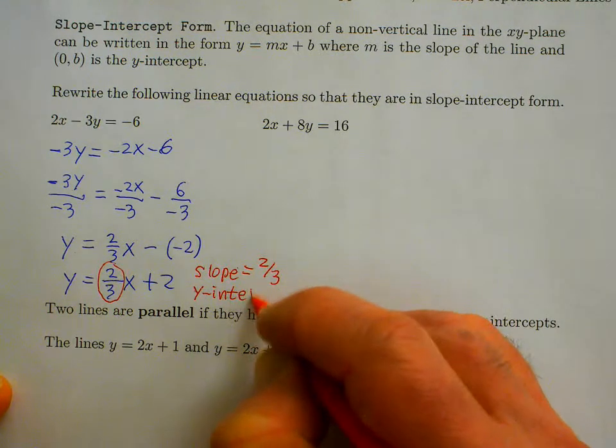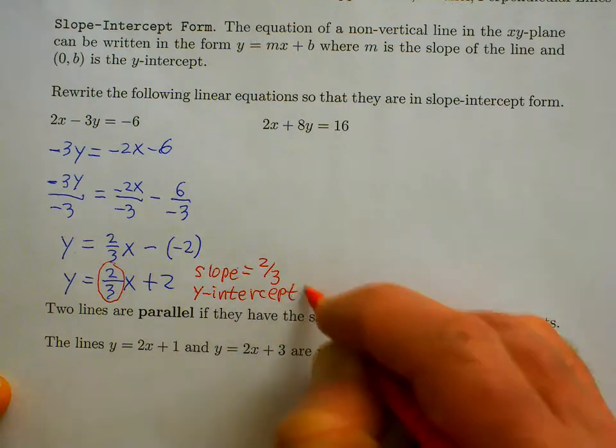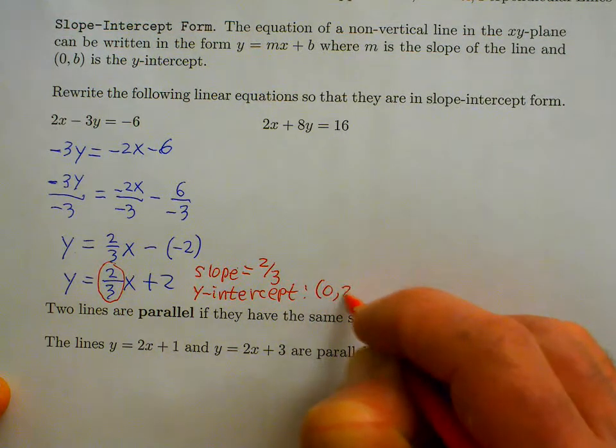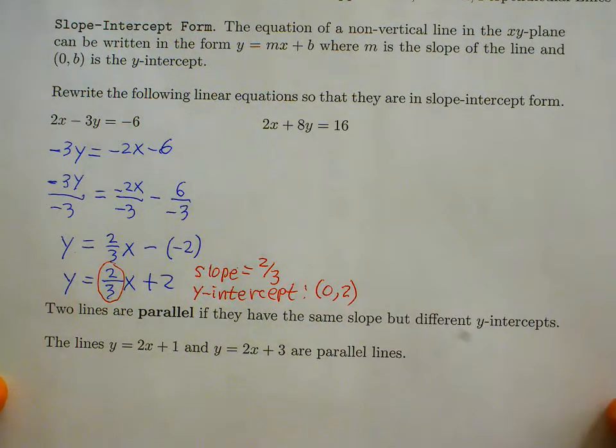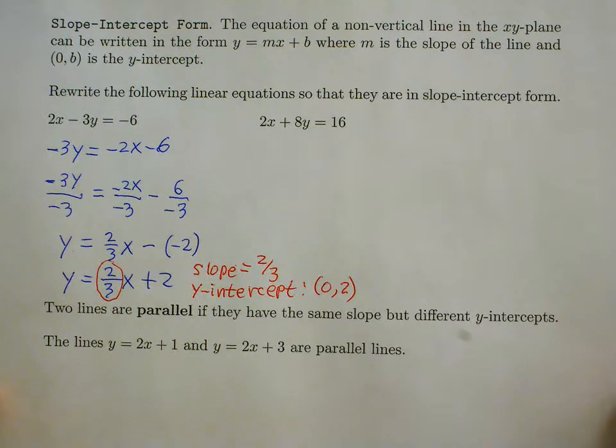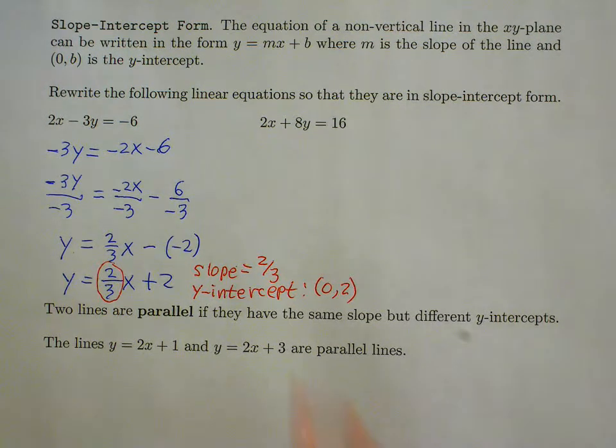So the y-intercept is the ordered pair 0 for x and positive 2 for y. That's something to remember about a y-intercept. Since the y-intercept is a point in the xy plane, it is associated with an ordered pair, 0 for x and 2 for y.